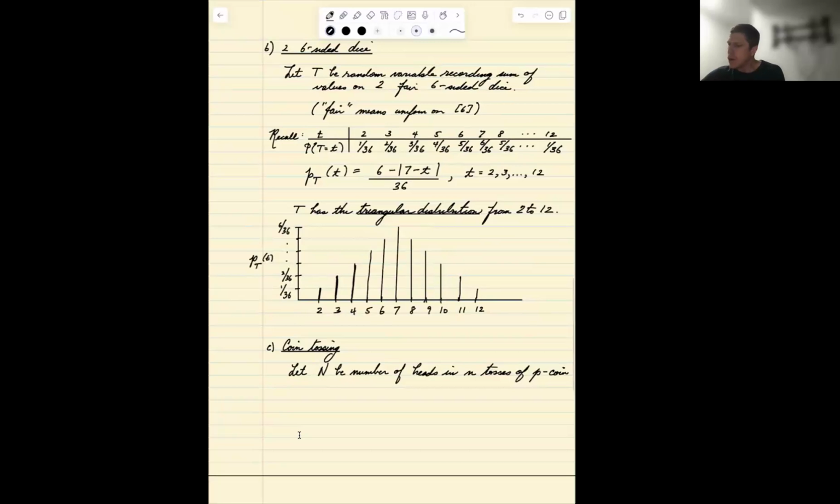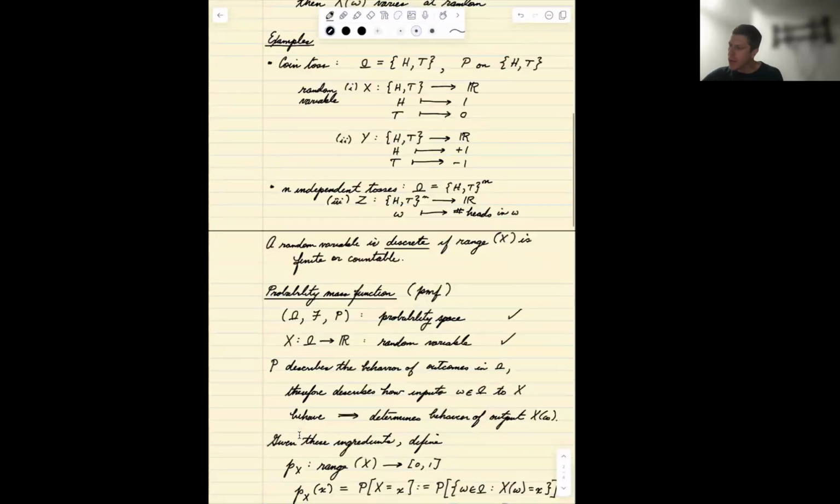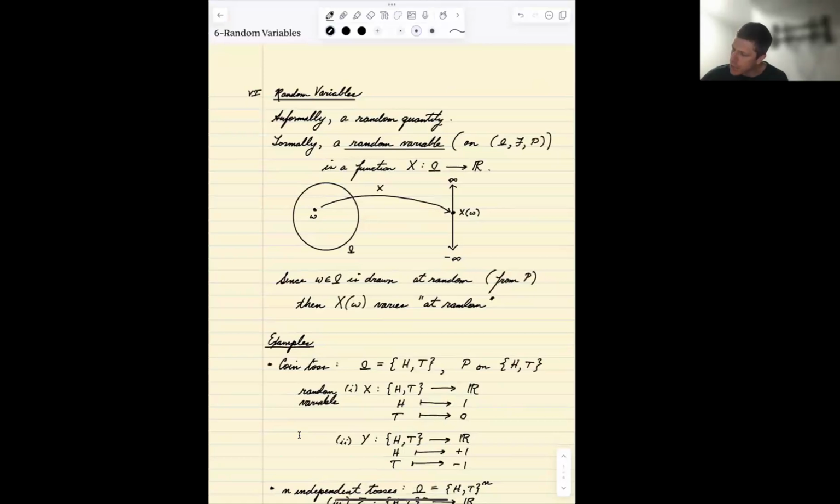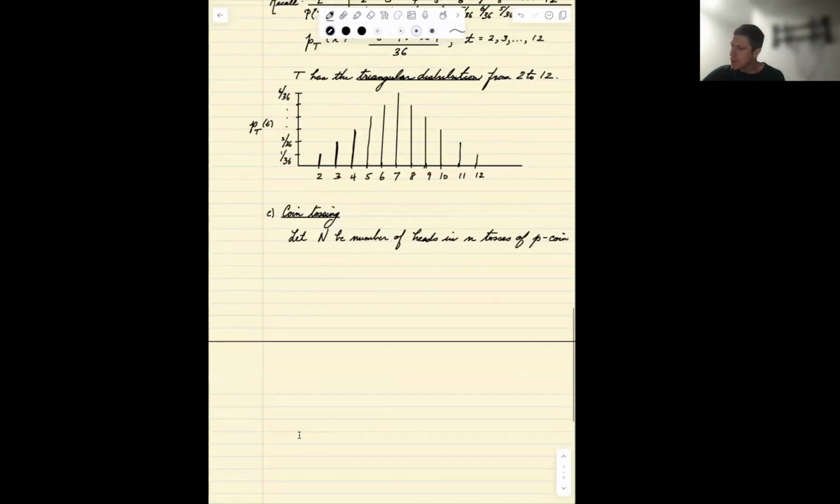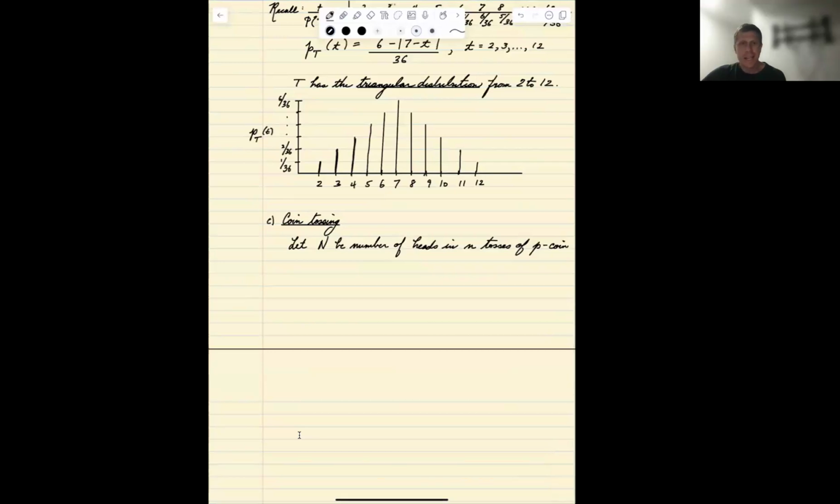In all of these cases, the way that we write random variables, there's no requirement, but we generally use capital letters X, Y, Z, W, T, U. It could be really anything we want, but it's the convention to use capital letters. So here we're using capital letter N to count the number of heads that occur in little n tosses of a p coin.